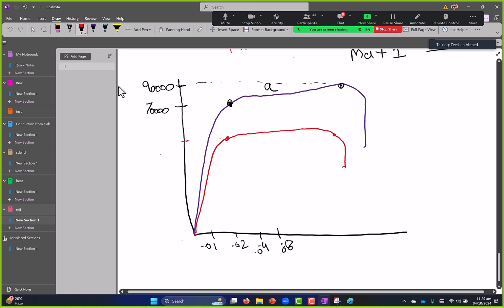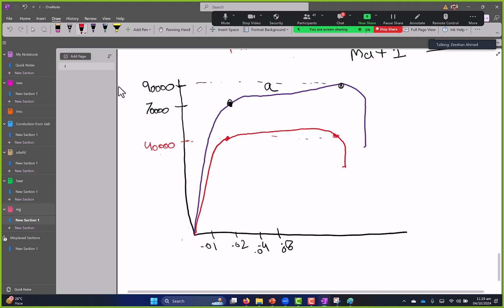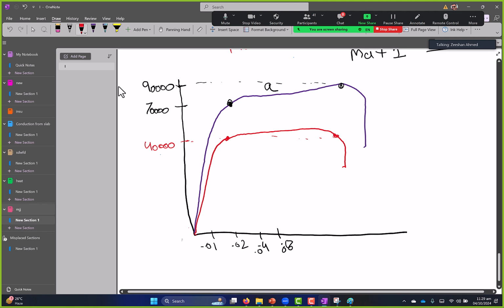Okay, and this is 40,000 psi, and this came out to be again 40,000 psi, and then this is the breaking point. So this is B. On the chart I want you to tell me what is the grade of A and what is the grade of B, keeping in view both the yield strength and ultimate strength. Please write down.